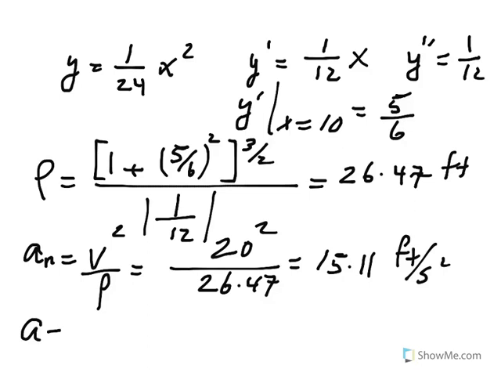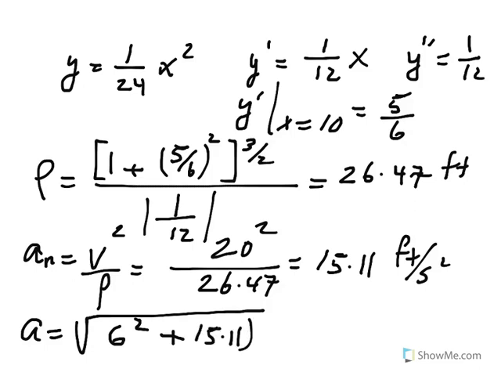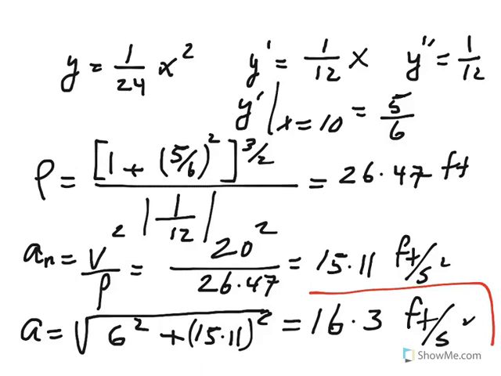Now if I take the normal acceleration and tangential acceleration and square them, remember tangential acceleration was given, the rate of change of speed, 6, and we just calculated the centripetal or normal acceleration. So find the resultant, and that would be the magnitude of acceleration, 16.3 feet per second squared.